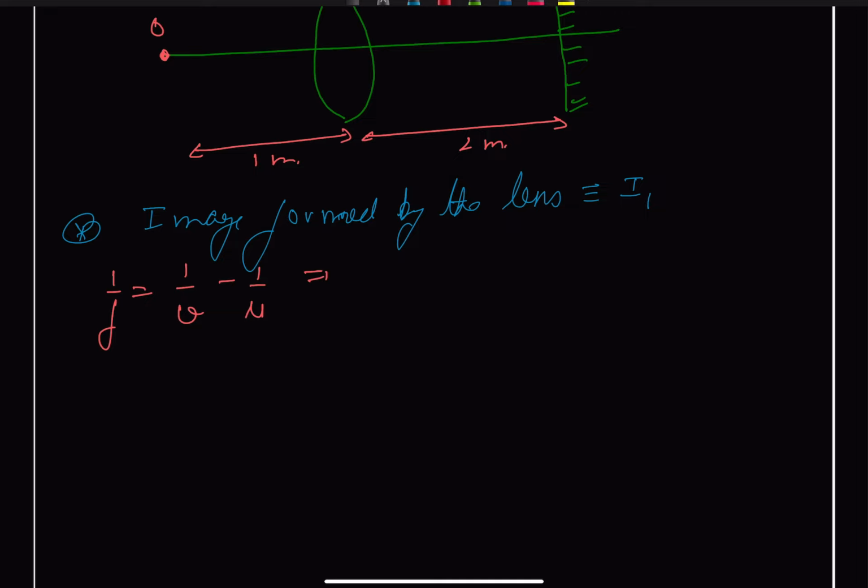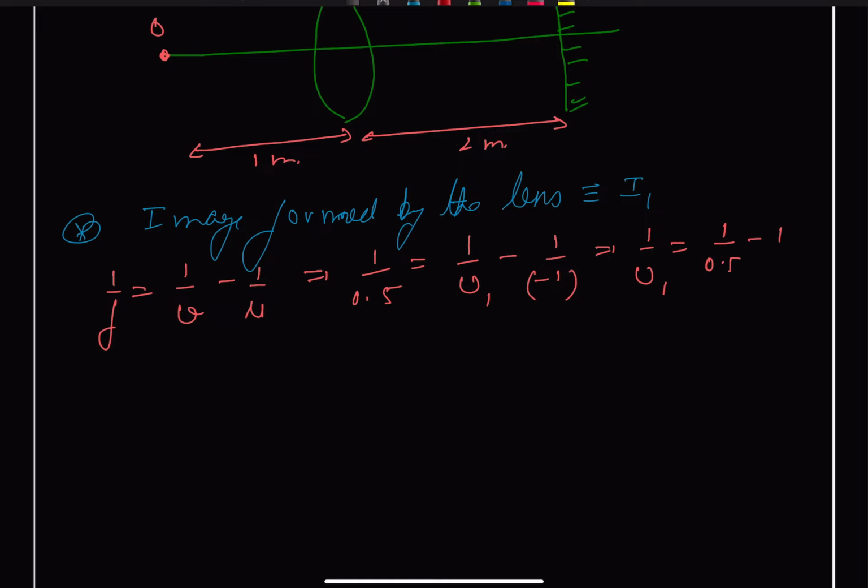Focal length is our 0.5, and v, let us suppose this is our v1, and u is our minus of 1. So we get this as minus of minus 1. So we get 1 upon v1 will be equal to 1 upon 0.5 minus of minus 1.